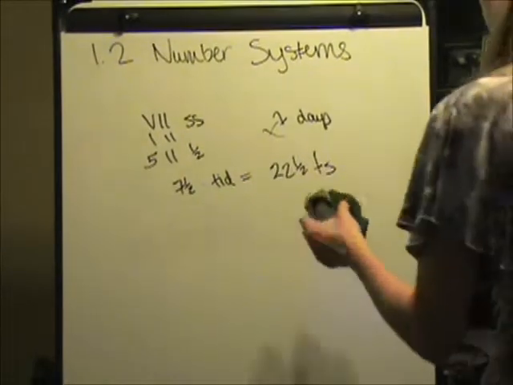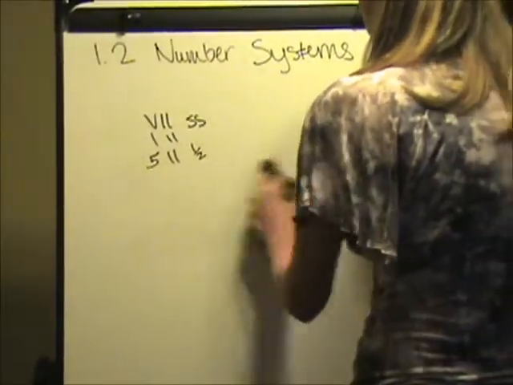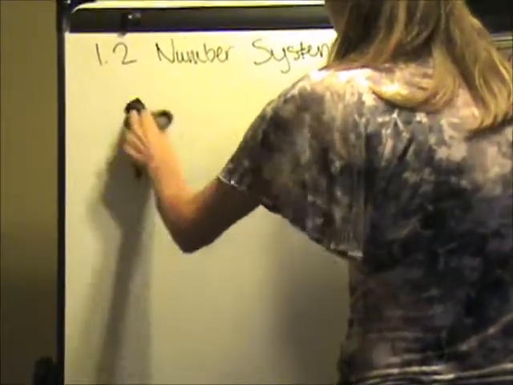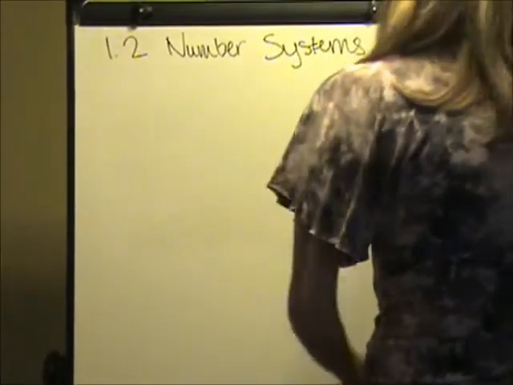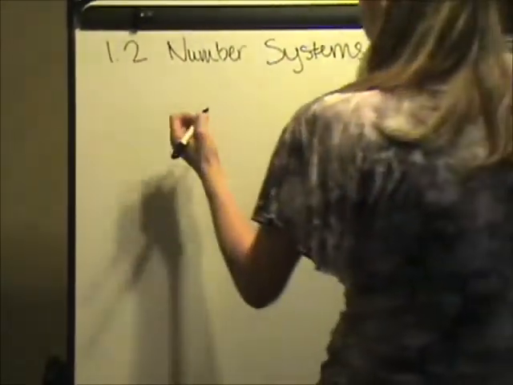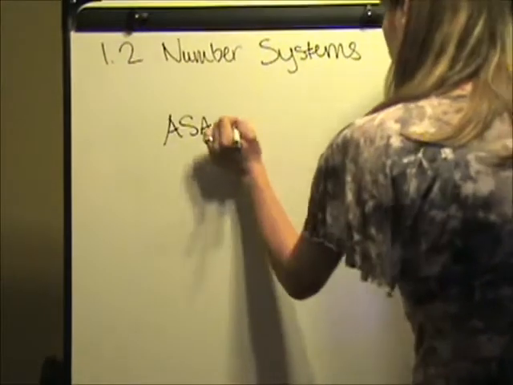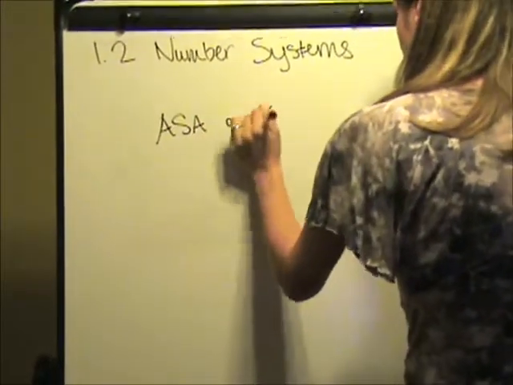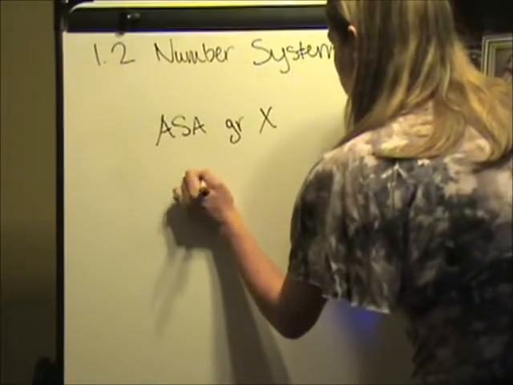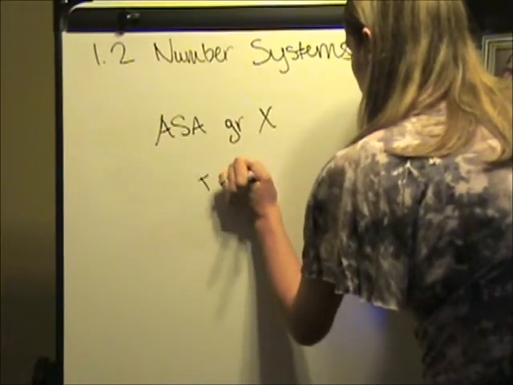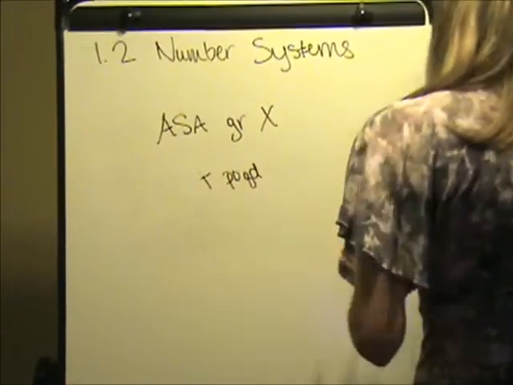Okay, let's look at number 34. That actually shows a sample prescription. We have aspirin, abbreviated as ASA, and grain X, and it's 1 by mouth, QD.